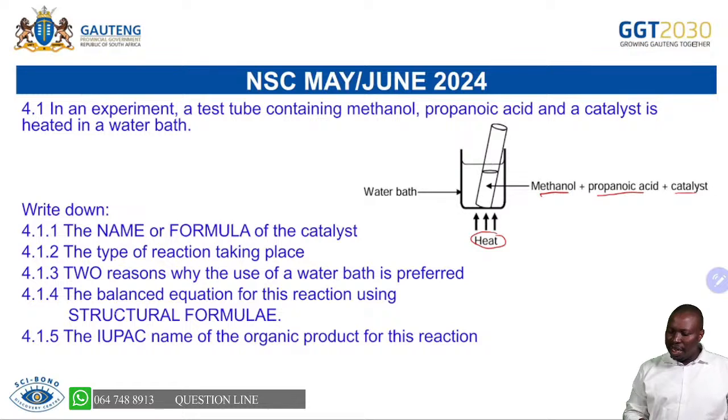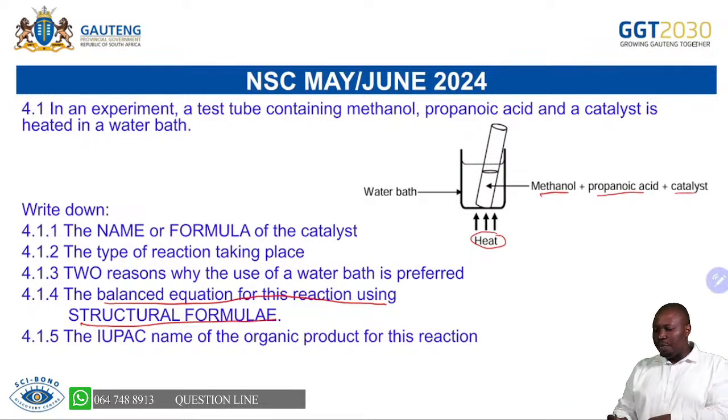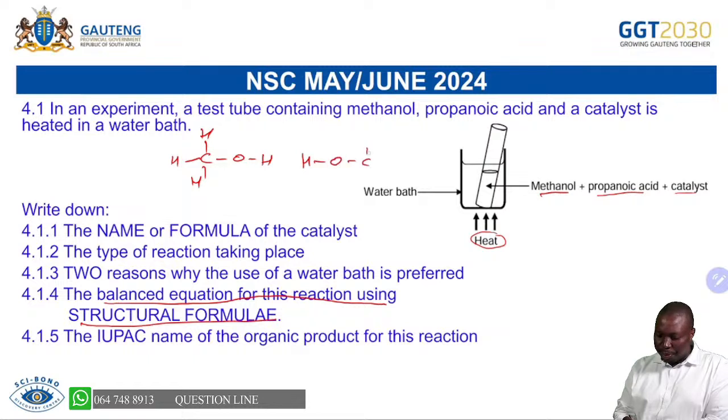And then they were saying as well, you must show the balanced equation for this reaction using structural formula. So the expectation is that you must draw methanol, which is 1 carbon. And you must draw propanoic acid, which is now 3 carbons. Prop is 3 carbons. So you'll have a structure like this, and that is your propanoic acid.